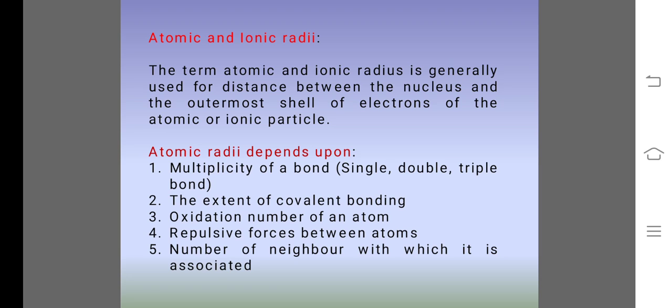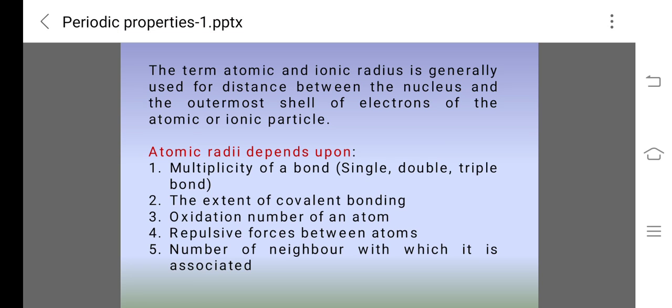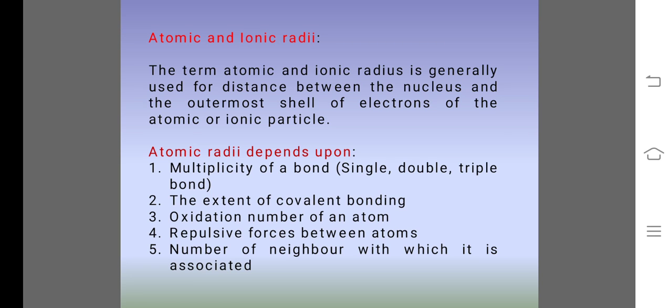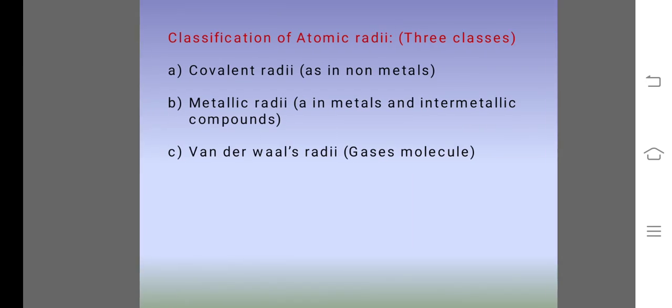And if there is a triple bond, the atomic radii or ionic radii are even less. Second, the extent of covalent bonding. Third factor, oxidation number of an atom. Fourth one, repulsive forces between the atoms. And fifth one, number of neighbors with which it is associated.